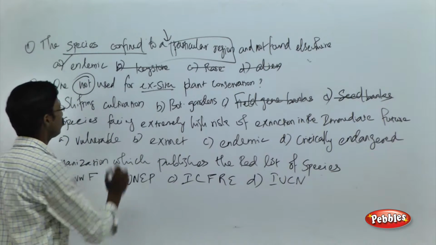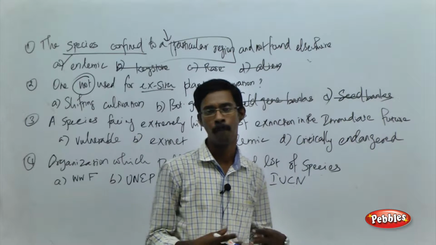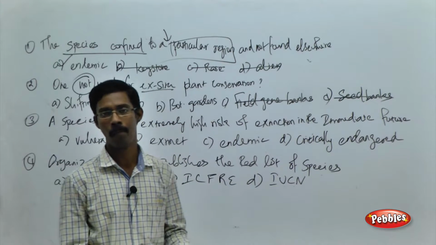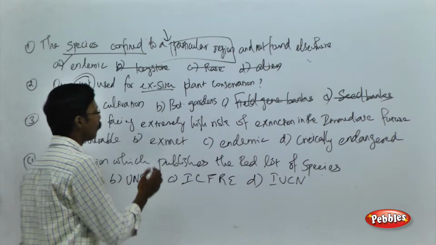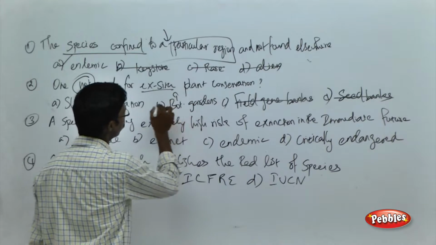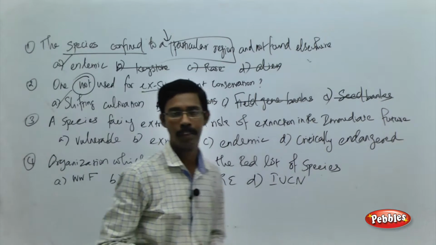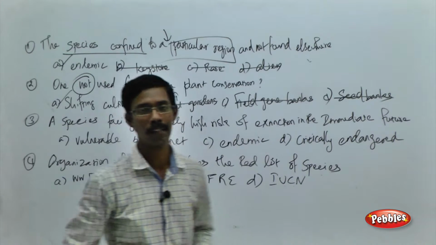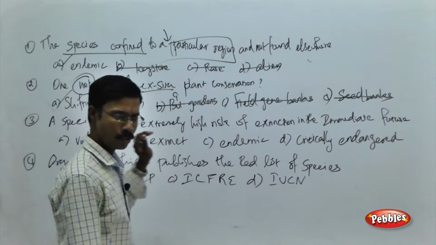And see the remaining choices: shifting cultivation and botanical garden. As I told you, botanical gardens are artificially prepared and maintained by the government or private sectors, so they belong to ex situ conservation. So the correct choice over here is shifting cultivation, which does not belong to ex situ plant conservation. Fine. See the next question.